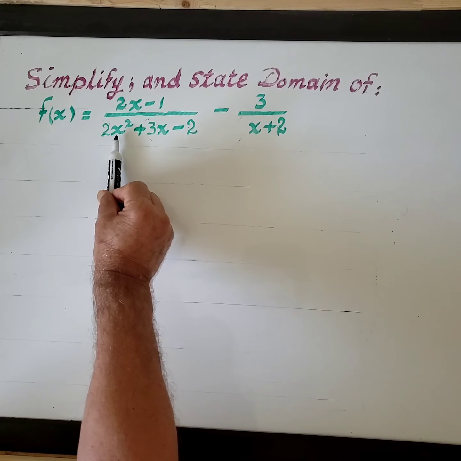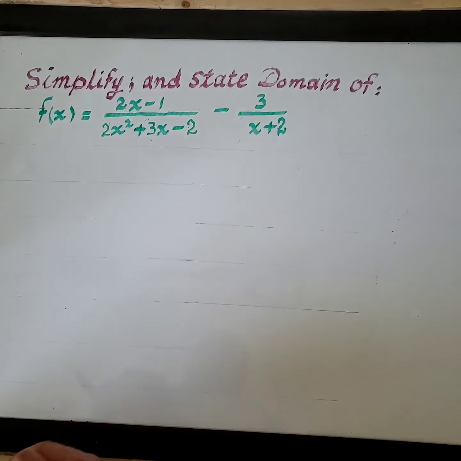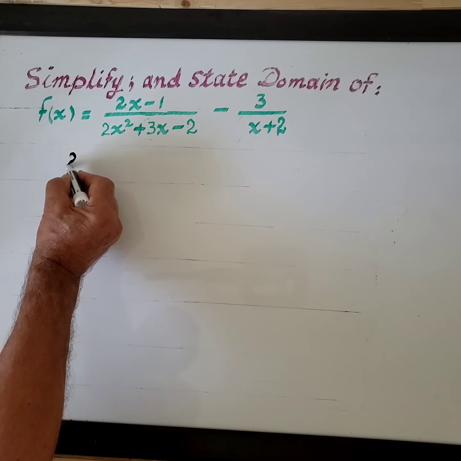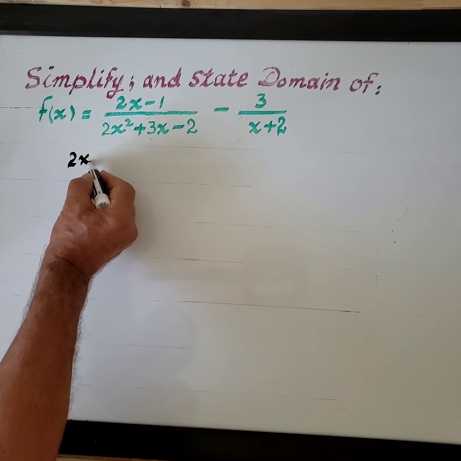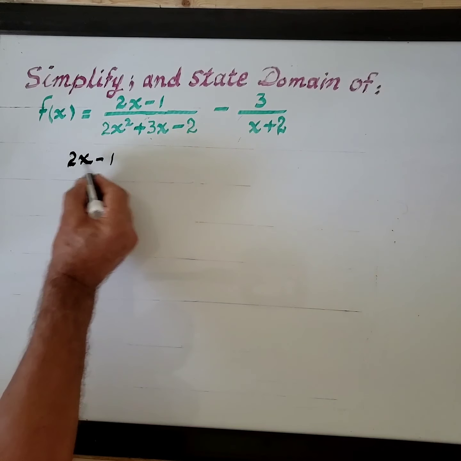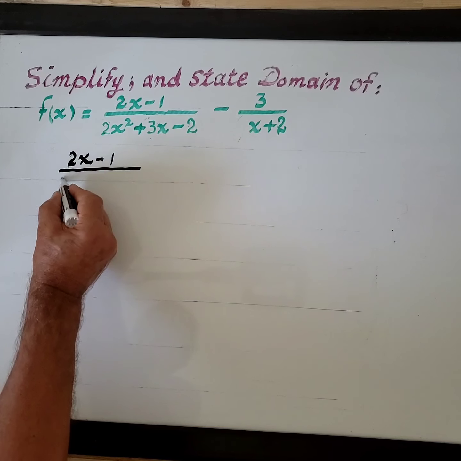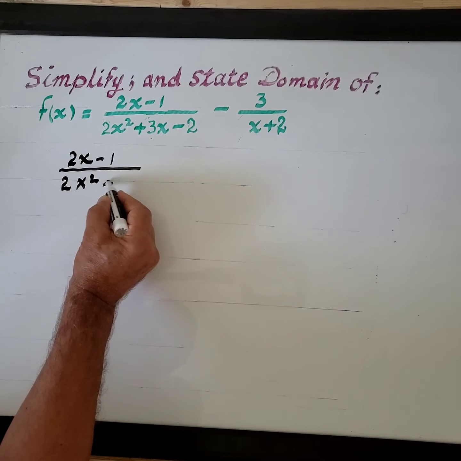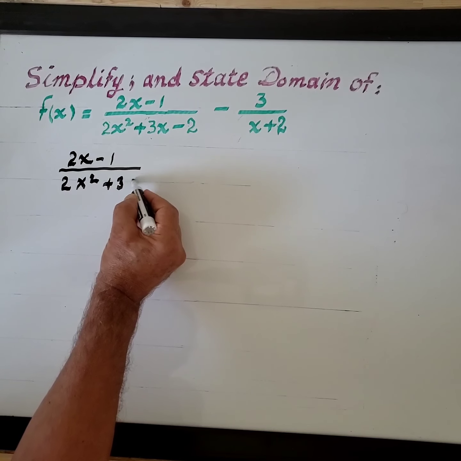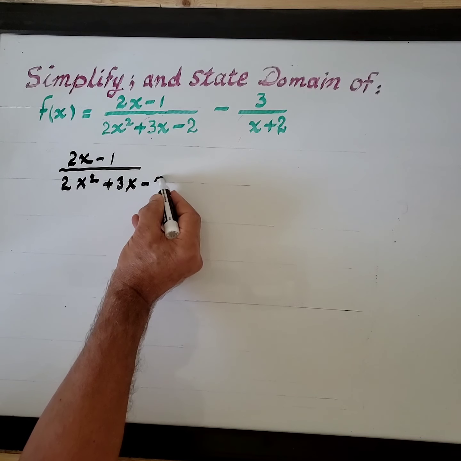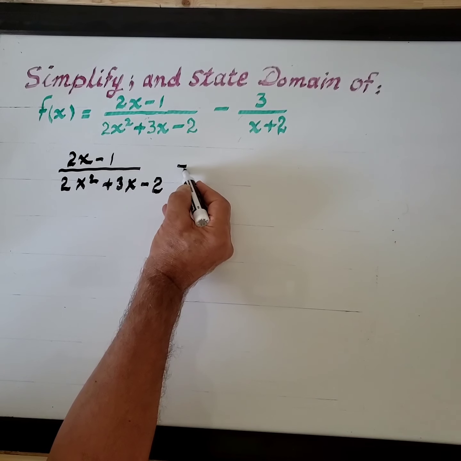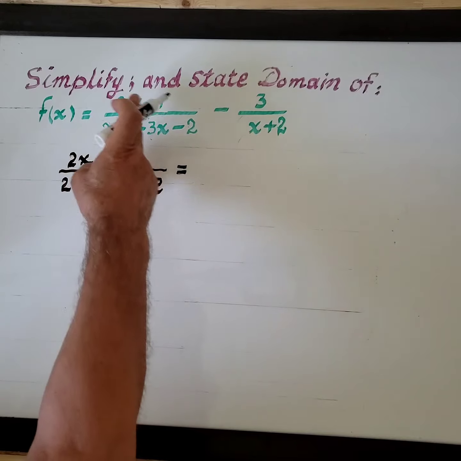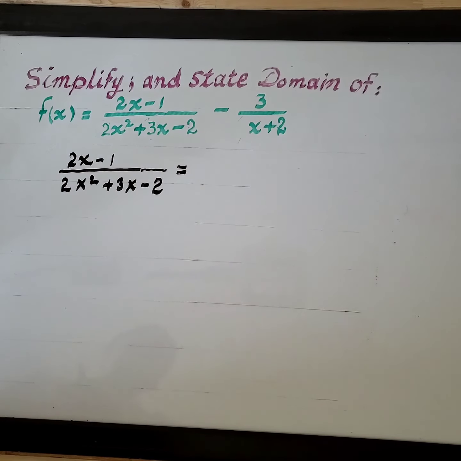So we will start to factorize the denominator by writing here (2x minus 1) over (2x squared plus 3x minus 2) is equal to, that means I will try to work with the first term of the function.